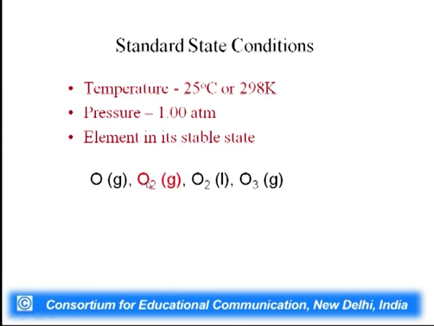Of all these, O2 gas is the most stable form, and so for this it is the standard condition. Between carbon diamond and carbon graphite, graphite is the most stable form, and so its standard enthalpy of formation is 0.